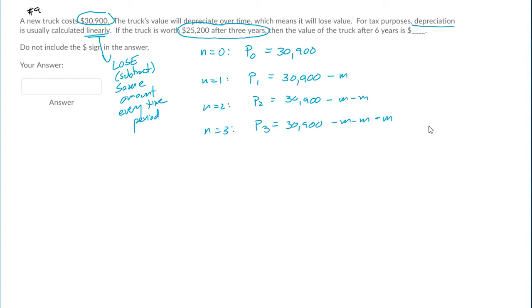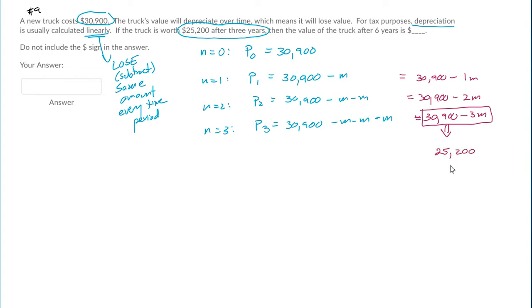This is 30,900, take away 3 m's. This is 30,900, take away 2 m's. This is 30,900, take away 1 m. They're telling me that this quantity is, in my case, 25,200.